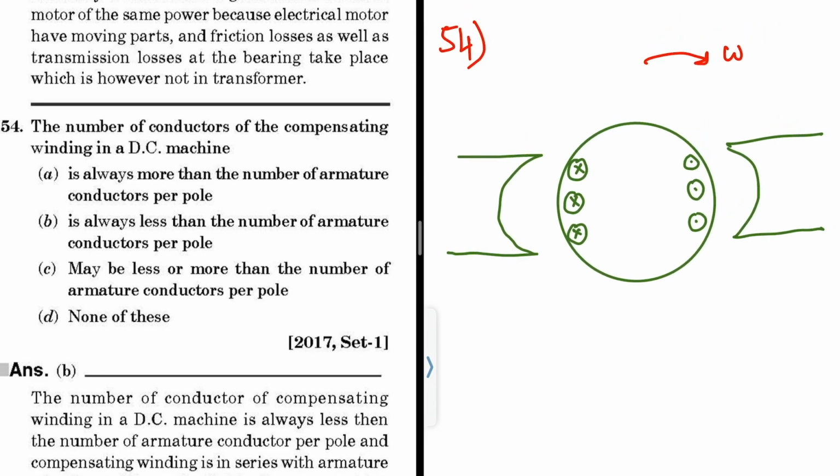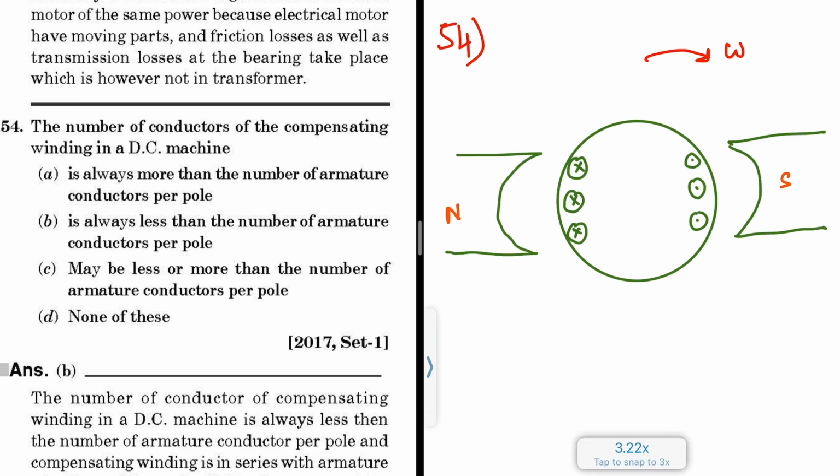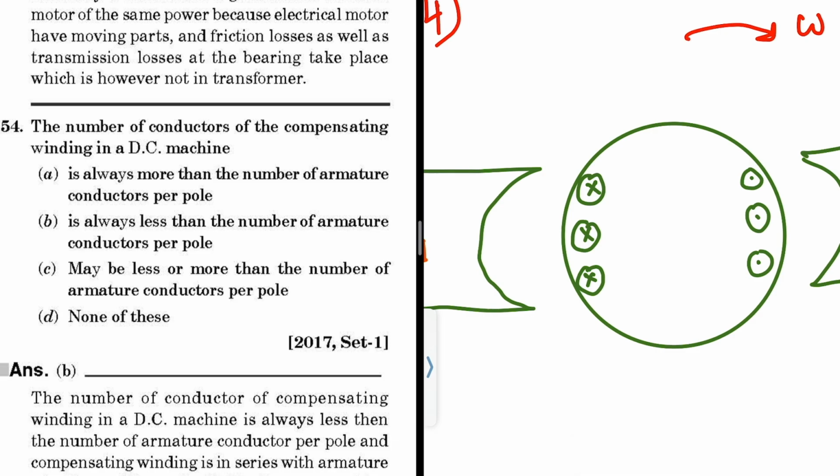Coming to question number 54, I make a diagram of a DC generator. This is the north and this is the south pole. The current is indicated in the armature. Now if you draw the flux direction like this by the thumb rule, it will be linked with this also.